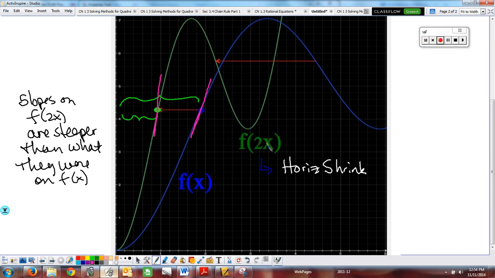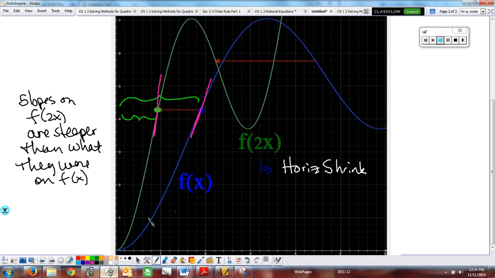If I get steeper, by how much did I get steeper? I got twice as steep. I'm going to go up twice as much to get to the same point. So the rate of change on the inside function multiplies times the rate of change on the outside function to give us what the slope is going to be.